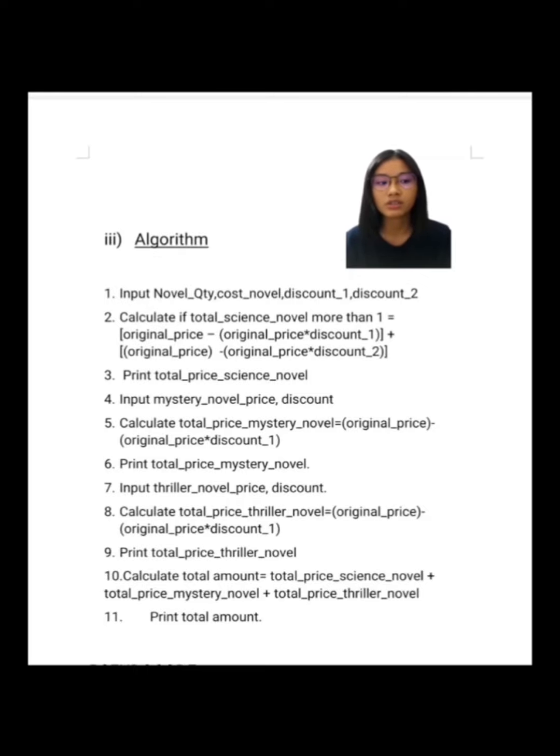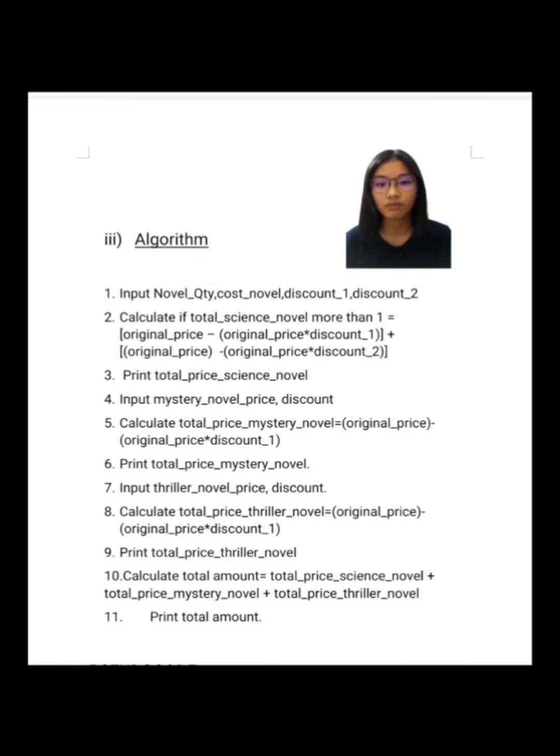And when the novel quantity is more than 1, we take the science original price minus science original price times discount 2, and then add together to get the total price of science novel. Then for step 3, we print the output for the total price of science novel.